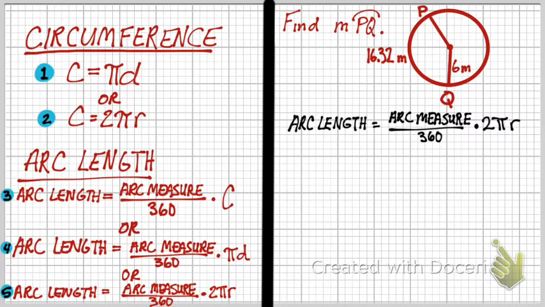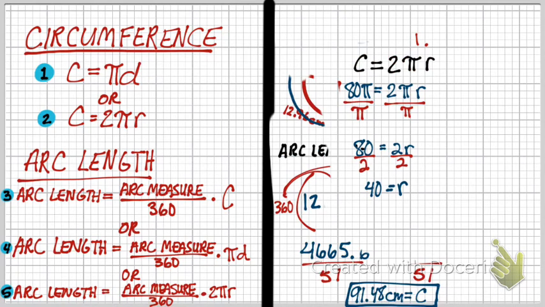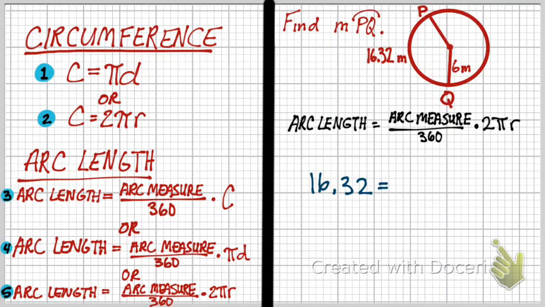Now I'm going to substitute the information from the problem into my formula. So for my arc length, it's 16.32 meters. My arc measure is the variable in this problem, so I don't have a number to put there yet.